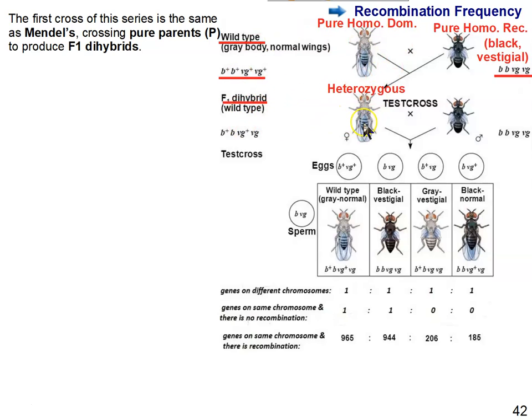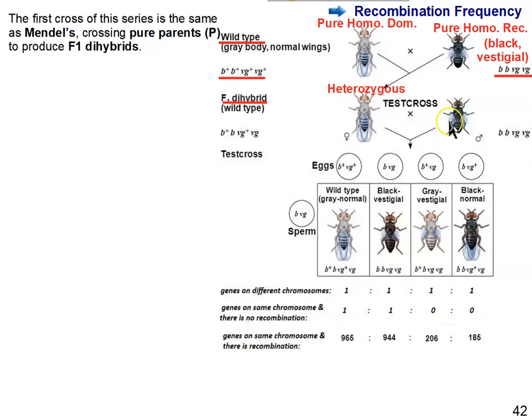So now we're going to take an F1 female fly, heterozygous for both genes, and cross it with a male that is just like this male from the parental generation, but that means he's homozygous recessive for both genes, and that makes this a test cross. Hopefully you'll recognize this as a test cross, because when you do a test cross, you always cross an individual with an individual that is homozygous recessive.